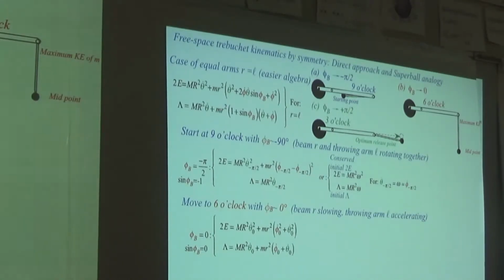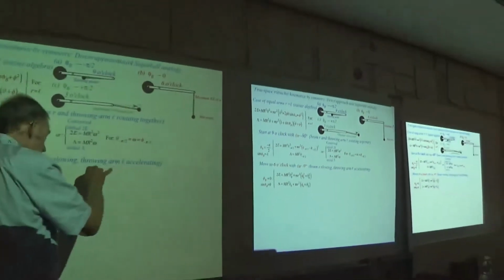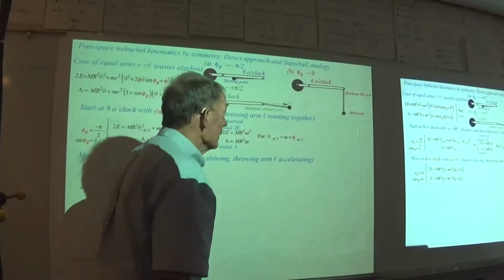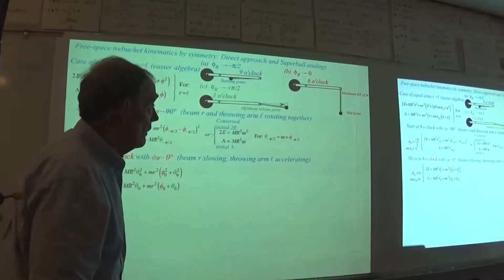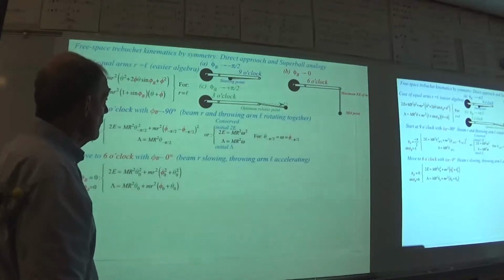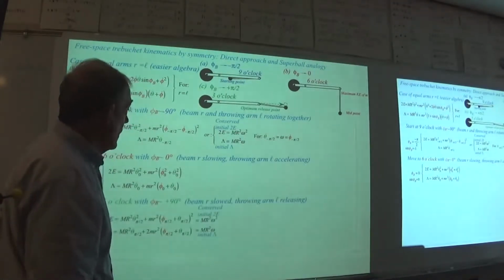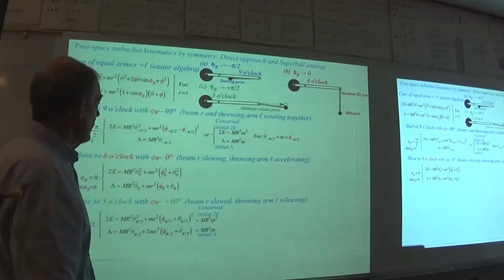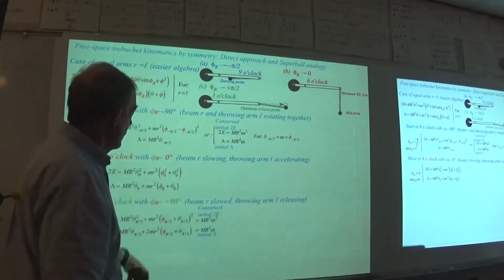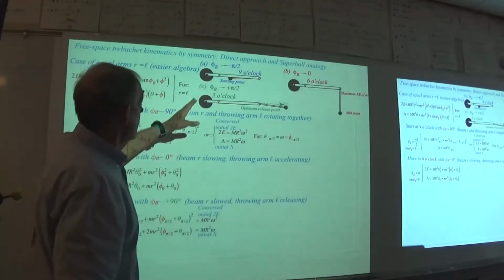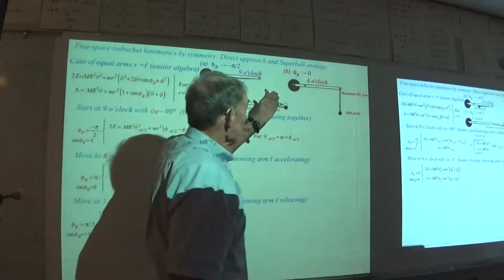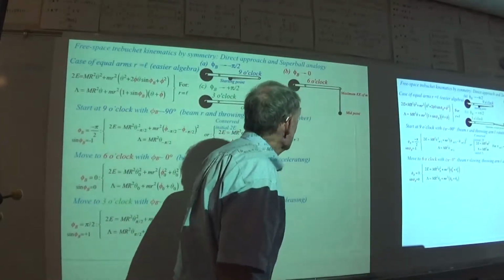By now the beam is slowing because there's angular momentum going into the mass that's attached by L to the beam, the throwing arm L. Okay, and when we put in the values for that, we get this set of equations. Now it's just m r squared times the sum of the angles at the 0 point. This is minus pi over 2 back here. This is now the velocities that are occurring as we get to the 6 o'clock position, where theta b is just passing 0.